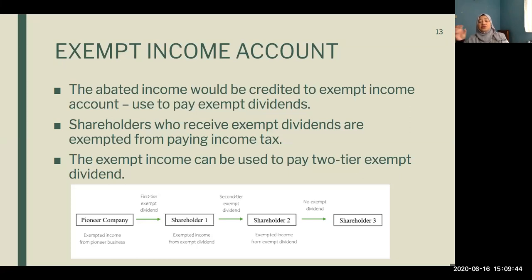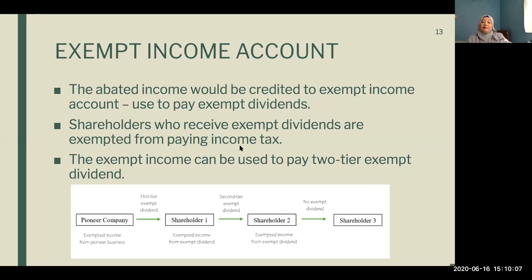Of course, shareholder two will have exempt account because the dividend received is exempted from tax, but they cannot pay out any more exempt dividend because the law only allows two level or two tier exempt dividend. So any dividend paid out to shareholder three is no longer exempted from tax.